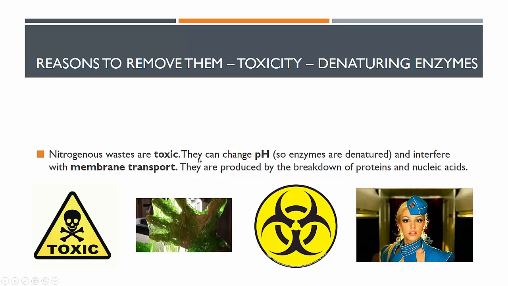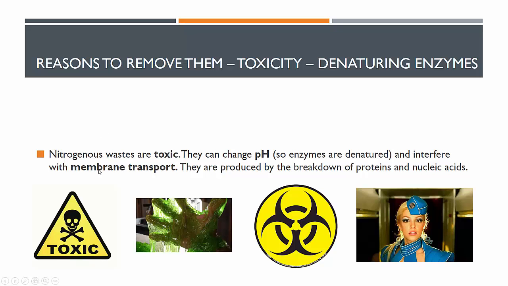So when nitrogenous wastes are in the body, they change the pH, and so the conditions fall outside of the optimal range, and we know that when that happens, enzyme function and activity decreases.